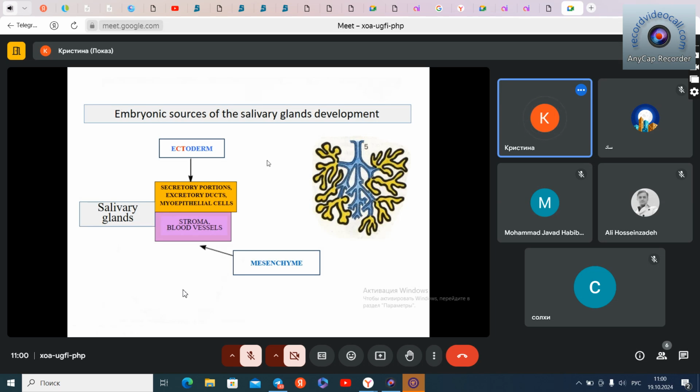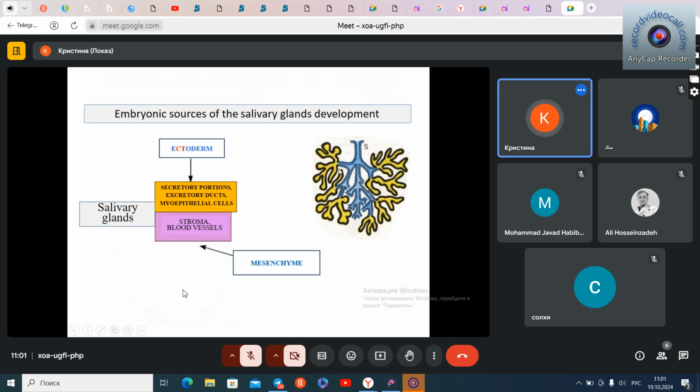Embryonic source of development of the salivary gland. Both epithelium of the ducts and secretory portions derive from ectoderm. So, in glands we have the parenchyma and stroma. The parenchyma here consists of epithelium of both ducts and secretory portions.